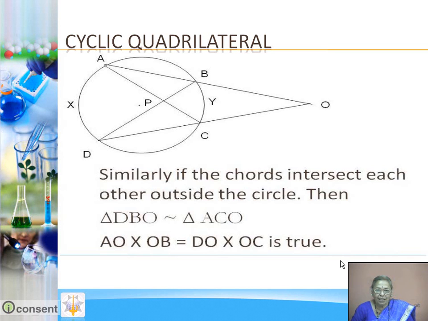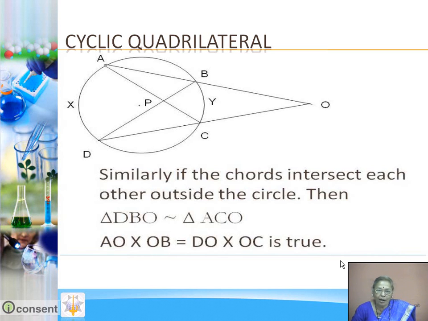That means the sum of them is equal to 180 degrees. Here, if one angle is given, you can find out its opposite angle. One example is given. Read the example and try to solve that example. There is one more example given.